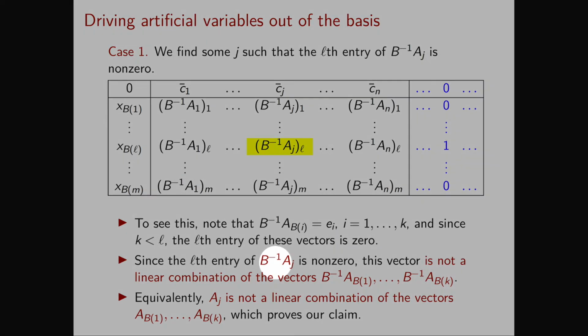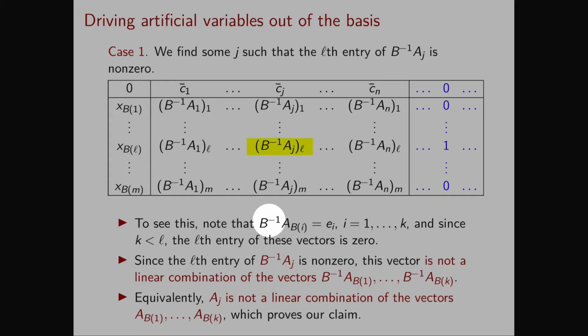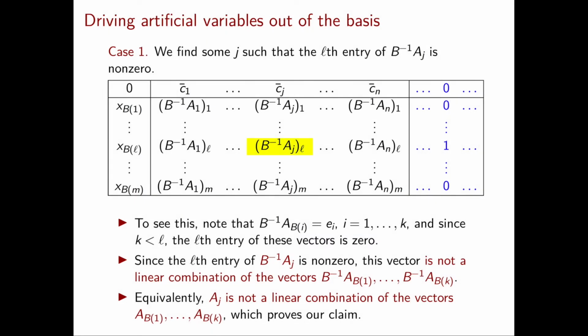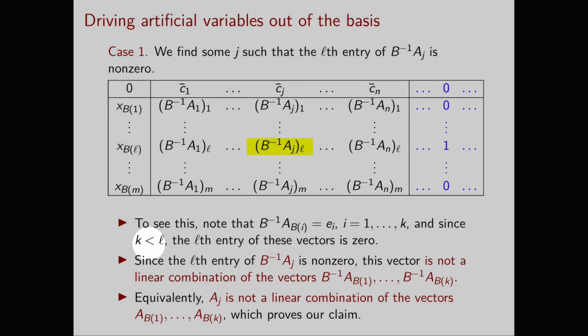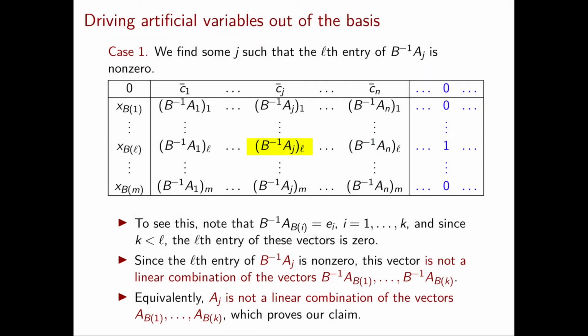Well, the nth entry of B inverse Aj is exactly our yellow entry, which is non-zero, while on the other hand, B inverse times ABi is equal to ei for every i from 1 to k, and since k is strictly smaller than l, the nth entry of all these vectors is equal to 0. We have thereby shown that Aj is not a linear combination of the vectors AB1 to ABK, as we wanted.